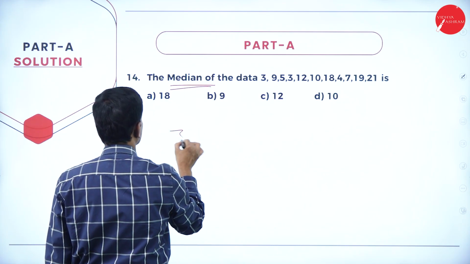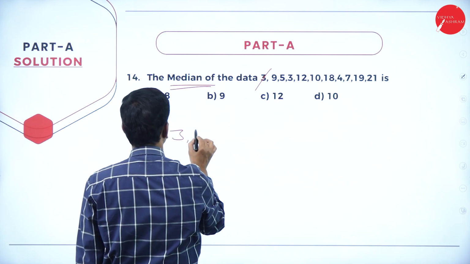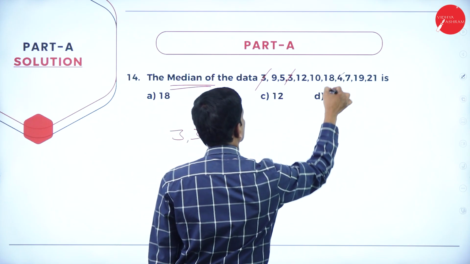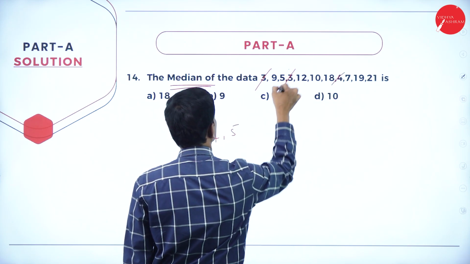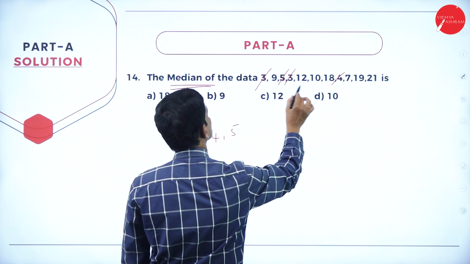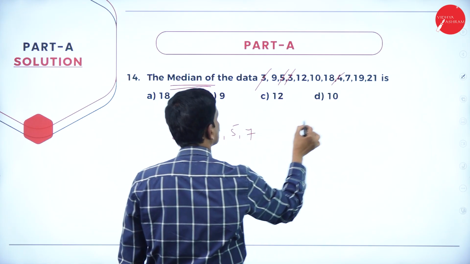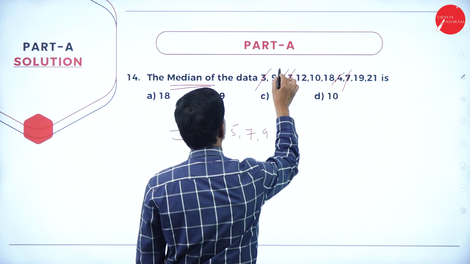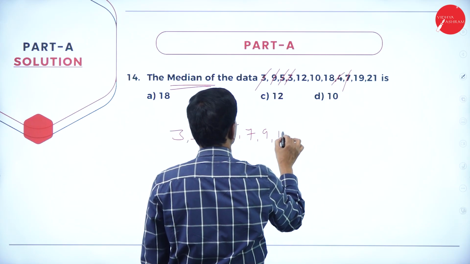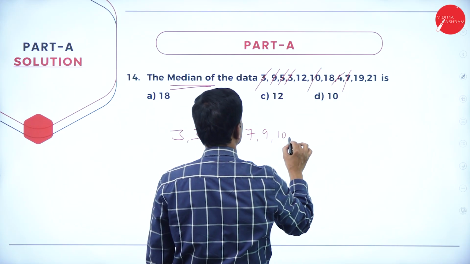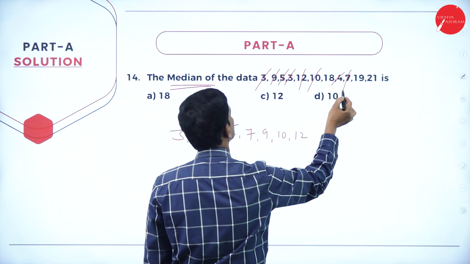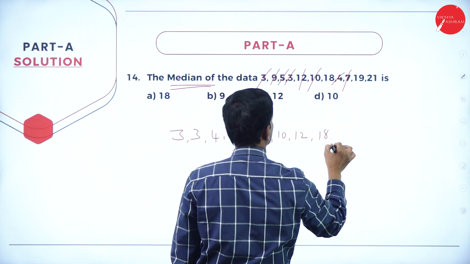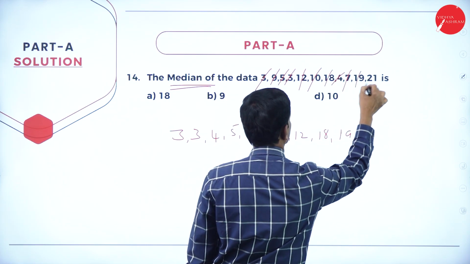Put it in increasing order: 3, 3, 4, 5, 7, 9, 10, 12, 18, 19 and 21.